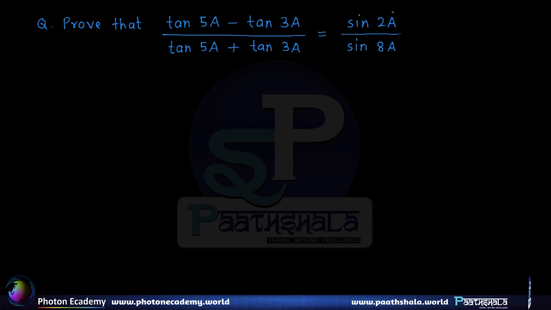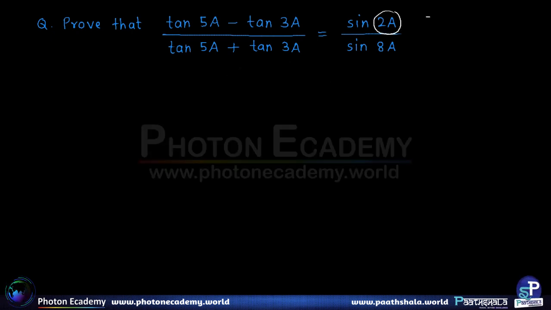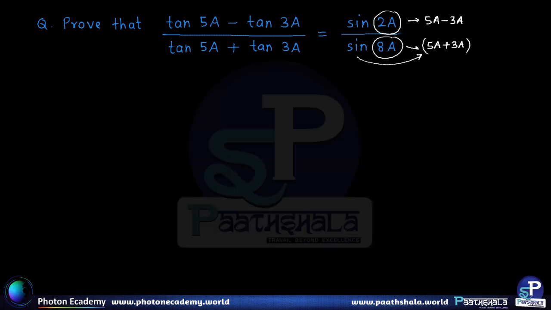So if we think of 2a as 5a minus 3a, and 8a as 5a plus 3a, that gives us a hint that we have to arrange sine of sum of two angles 5a and 3a, and in the numerator also we have to arrange sine of 5a minus 3a.